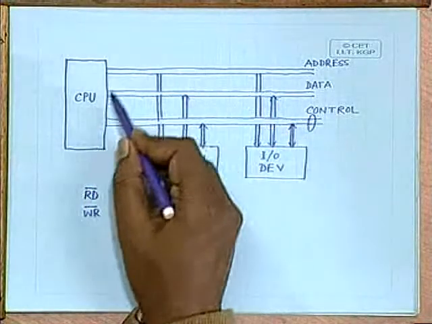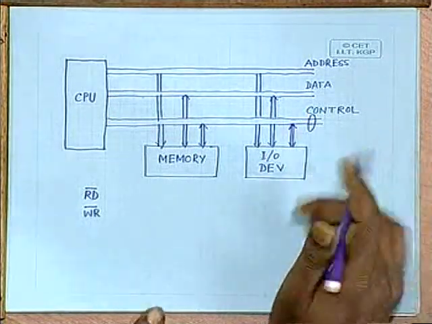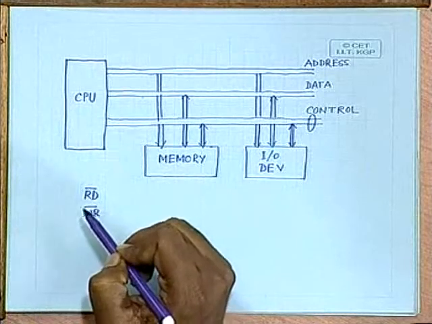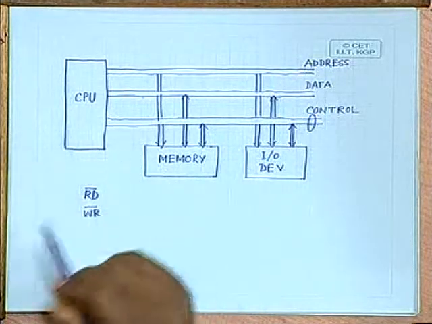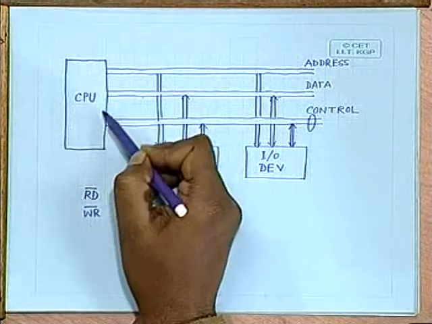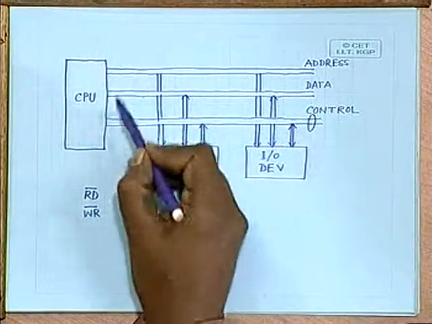So, this just tells you what is the basic structure of a computer. What we have given here is the organization of a basic computer. In a basic computer, we must have a CPU, because without CPU the computer is meaningless, because it is the CPU which performs every task.